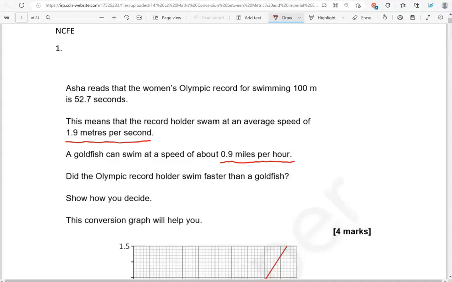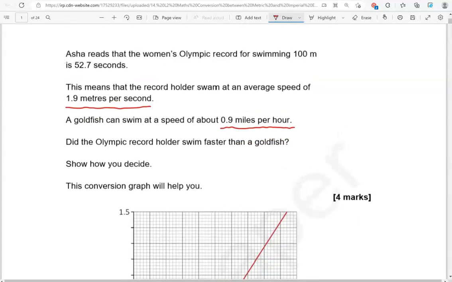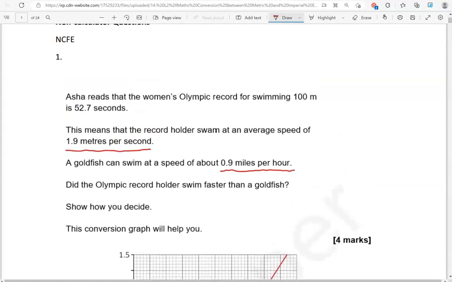What I'm going to do is change the meters per second into miles per hour, as we've got kilometers here, so it tells us that we need to convert kilometers to miles or miles to kilometers, so that might be easier to do.